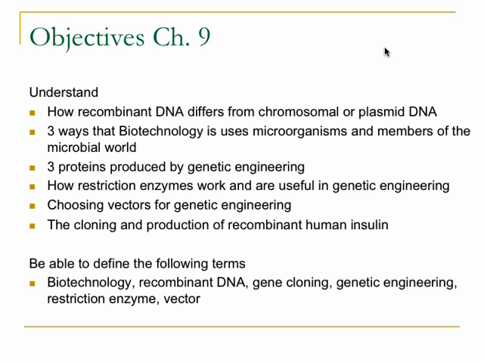Also, what a vector is, and how it's used in genetic engineering to carry fragments of DNA that we're interested in studying or transferring, or for use in production of proteins. And I'm going to talk specifically about the cloning and production of the human insulin gene.